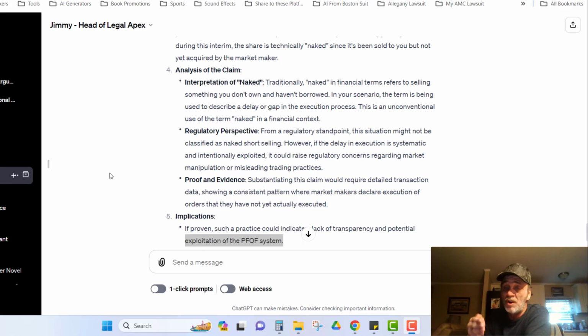From a regulatory standpoint, this situation might not be classified as naked short selling. See how honest he was with me? However, if the delay in execution is systematic and intentionally exploited, it could raise regulatory concerns regarding market manipulation or misleading trading practices. Now, can I prove that?